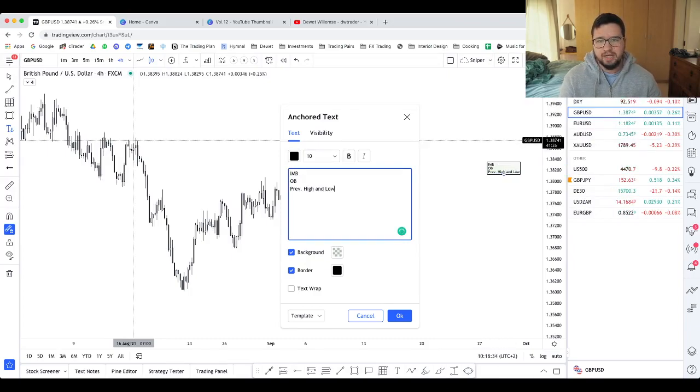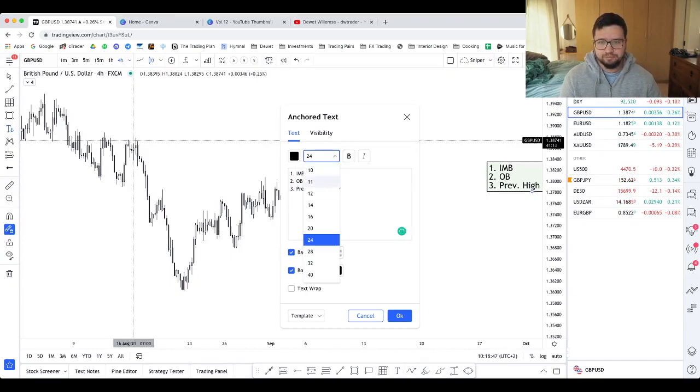Those are the main things that we need to identify, and also in that order. That's also important. Firstly, imbalance, then an order block, and then the previous high and low. Let's just make it like this.